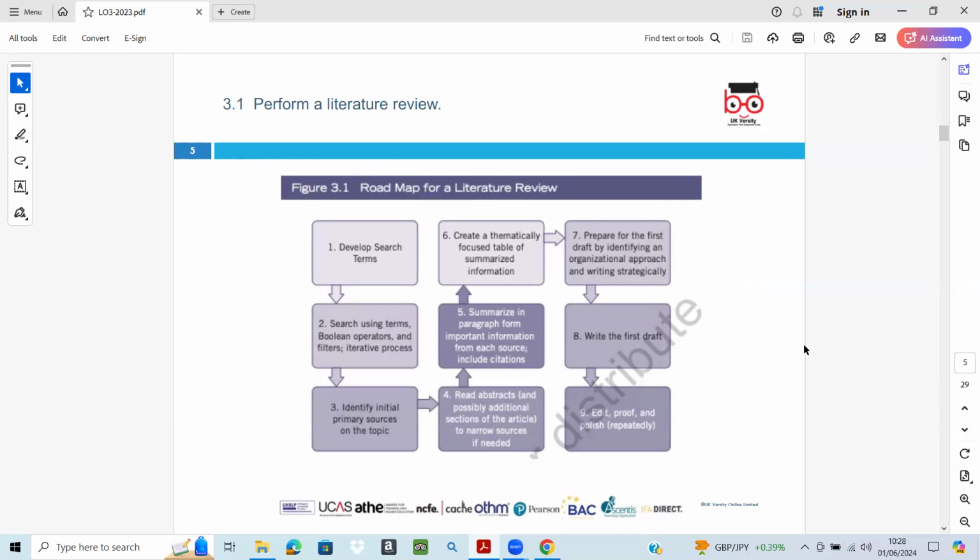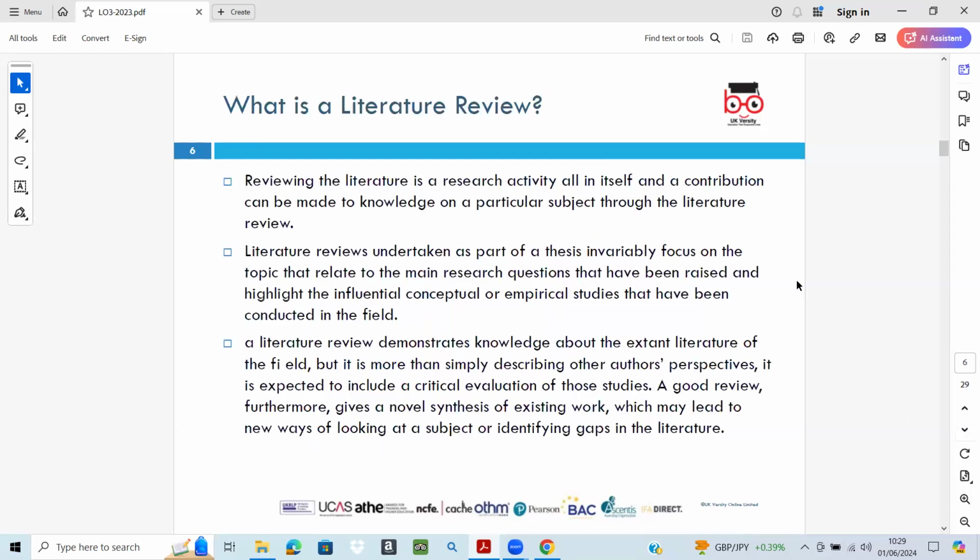we have an image of a roadmap for a literature review. So we have this diagram. Now, in this slide, we have to discuss what a literature review is.